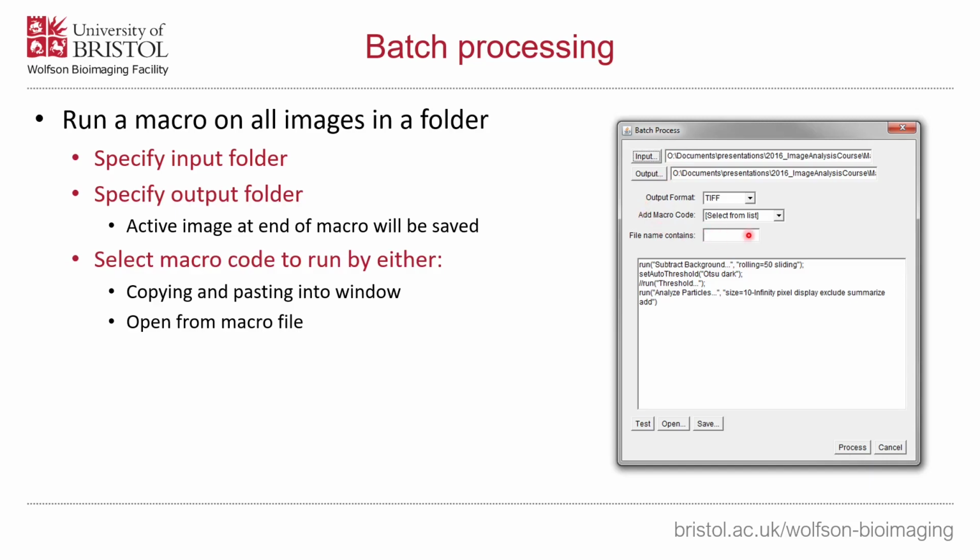Things to note, you can put in file filters there, so you could ignore everything that has a particular name if you don't want to. If you only want to load, for example, images which have C1, maybe you're just wanting to load the first channel and all your input images have been separated into individual channels, you could say, only analyze anything that's got C1 in the name.